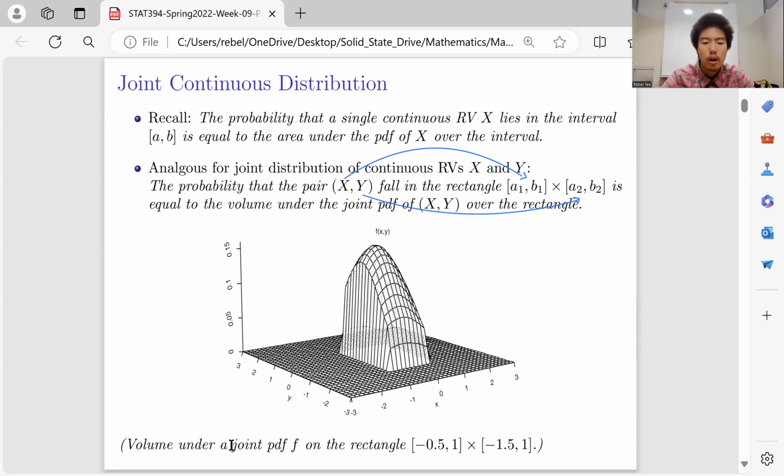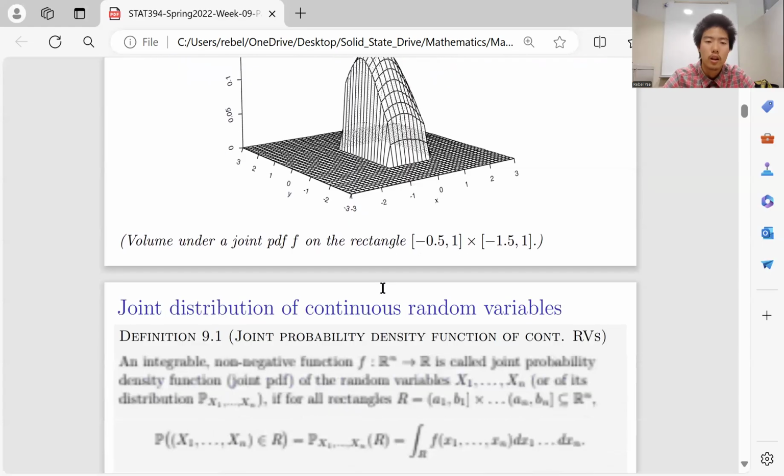For example, in this graph, the x dimension goes from negative 0.5 to 1, and the y dimension from negative 1.5 to 1. That's an example of what a joint continuous distribution looks like.